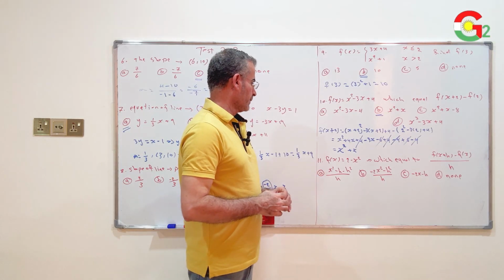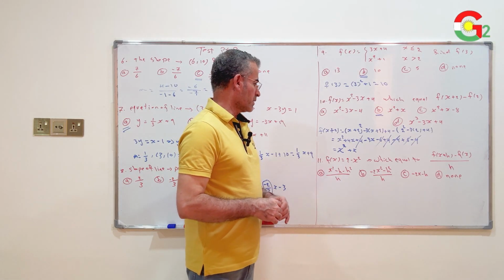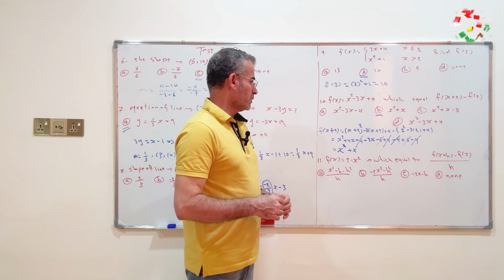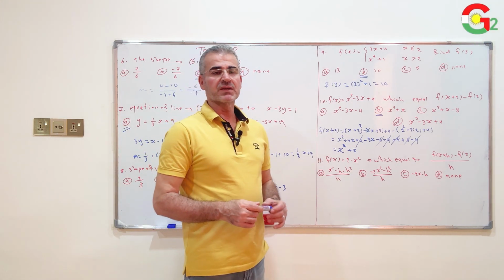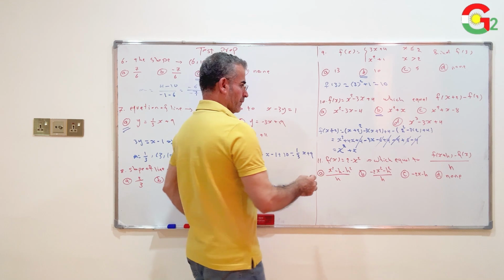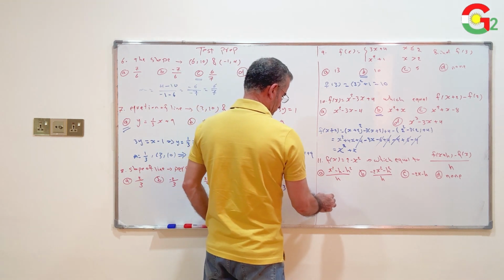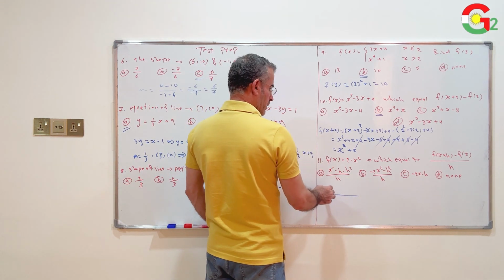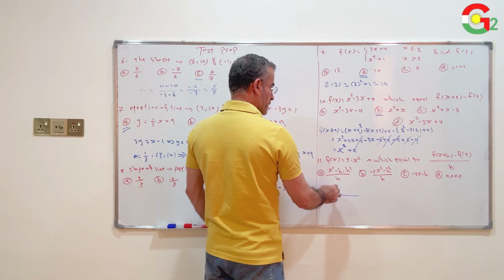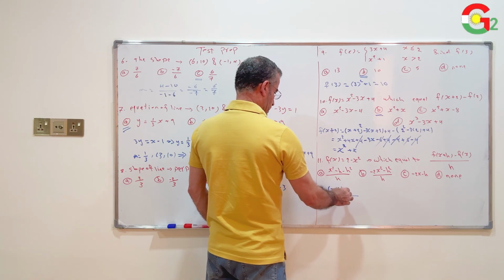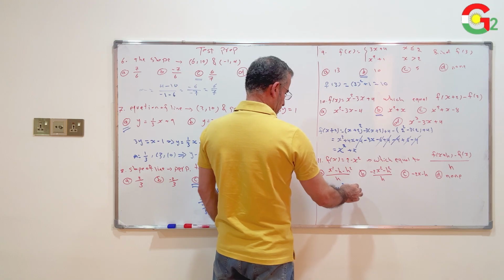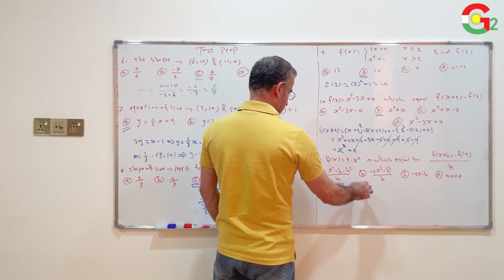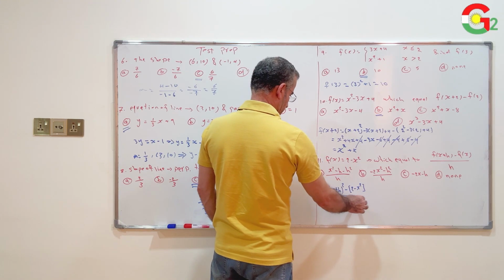Number 11. f of x equals 2 minus x squared. Which of the following equals f of x plus h minus f of x over h? f of x plus h is 2 minus (x plus h) squared, minus f of x, which is 2 minus x squared, all over h.